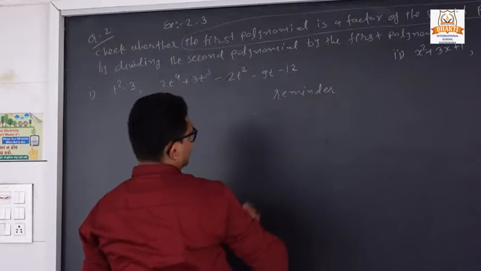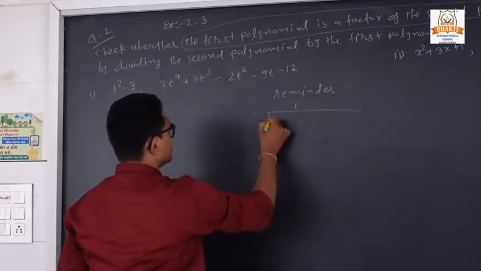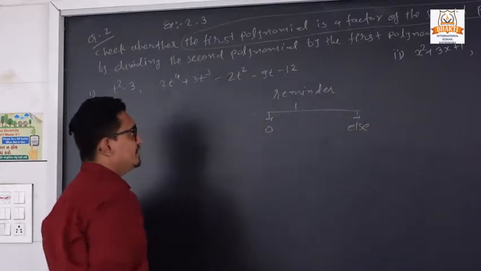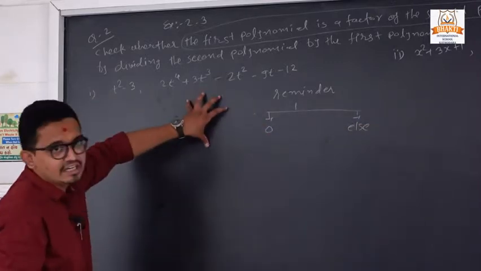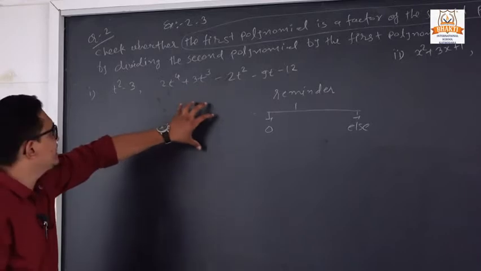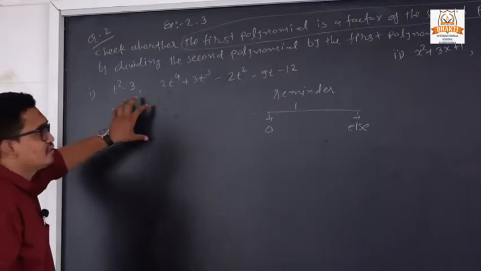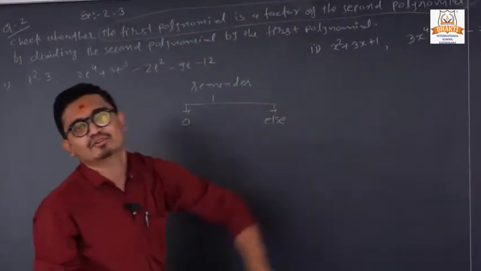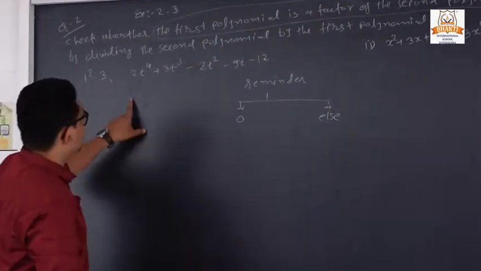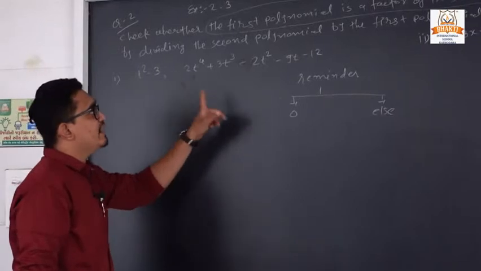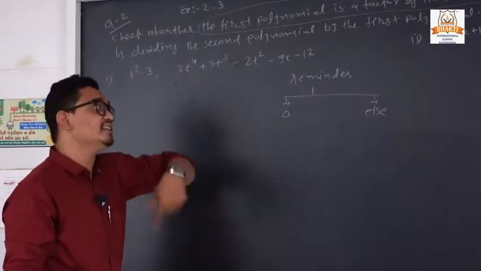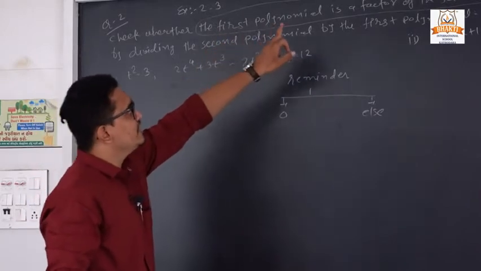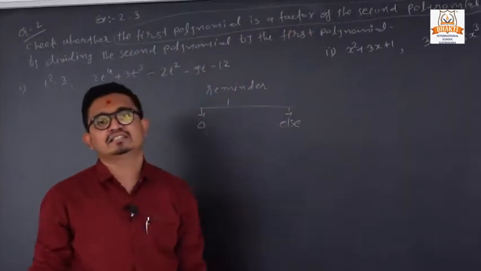If we perform the polynomial division and we get the remainder as 0, we can say that the first polynomial is a factor of the second polynomial. And if we cannot get remainder as 0, it means the first polynomial is not a factor of the second polynomial.